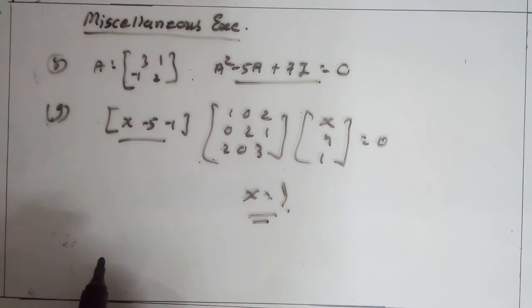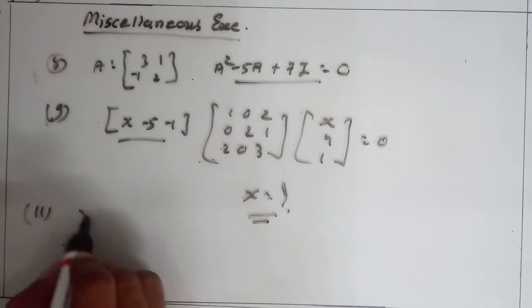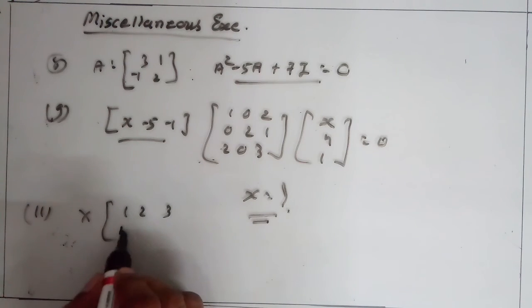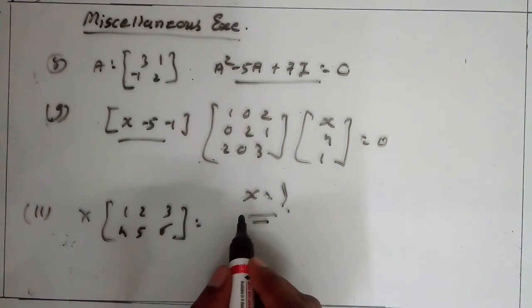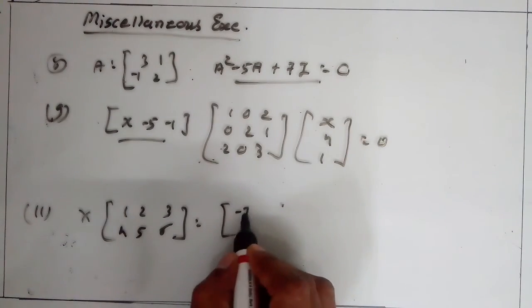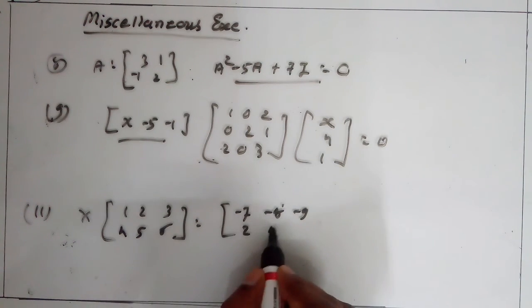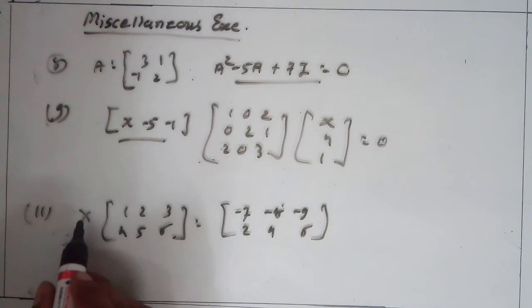Now question number 11. Find the matrix x such that x times the matrix 1 2 3 4 5 6 is equal to the matrix minus 7 minus 8 minus 9, 2 4 6. Think how to get this matrix x.